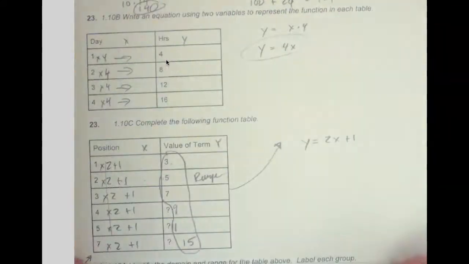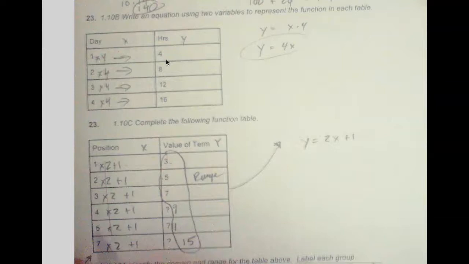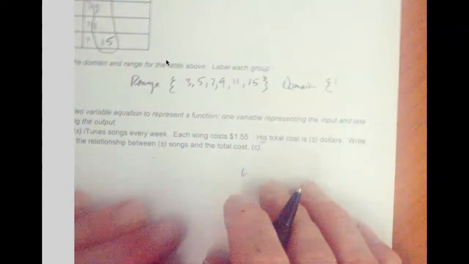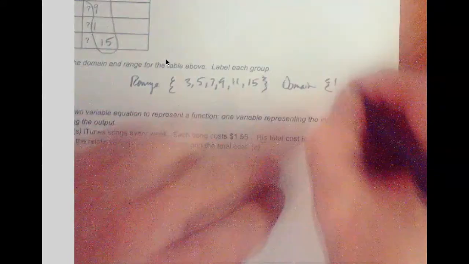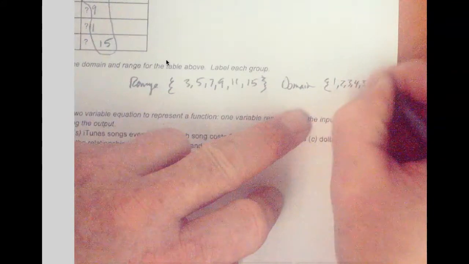Okay, and my domain will be the x values. Slide it up so you can see. Sorry. There we go. 1, 2, 3, 4, 5, and 7.